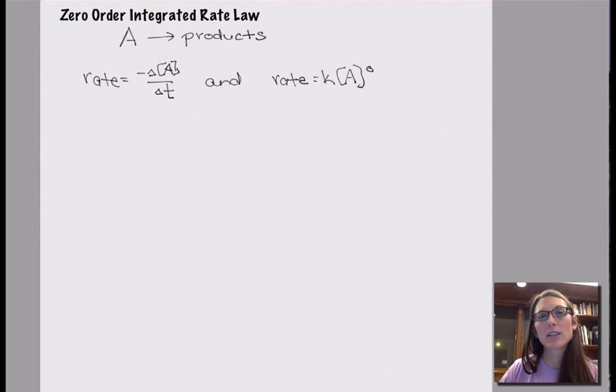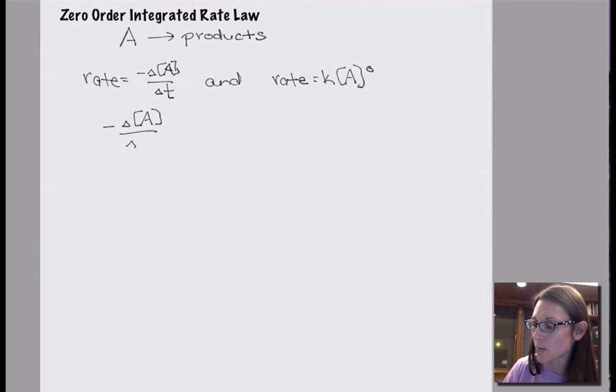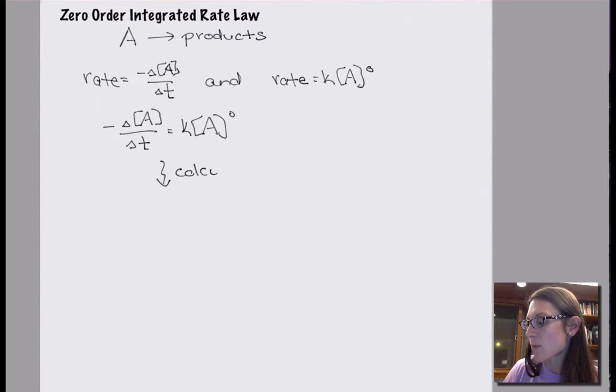And just like we did with first order reactions, which you should have already watched, if we take these two expressions, so minus the change in concentration of A with respect to time, and set them equal to one another, and then do some cool calculus, we can come up with a relationship that shows how the concentration of A will change over time for a zero order reaction.